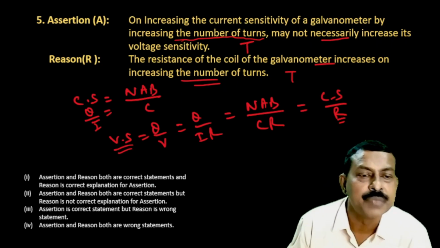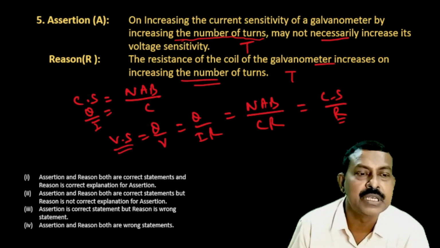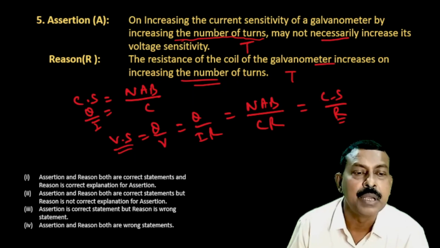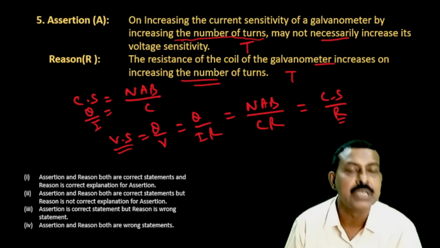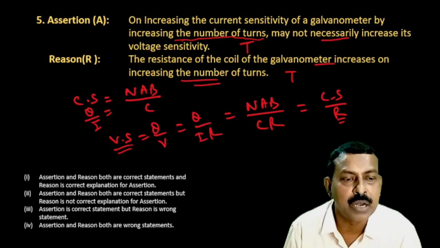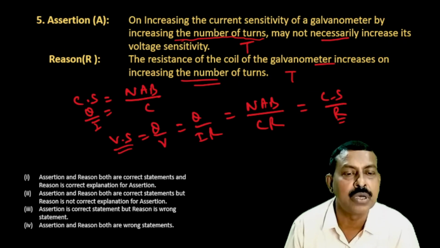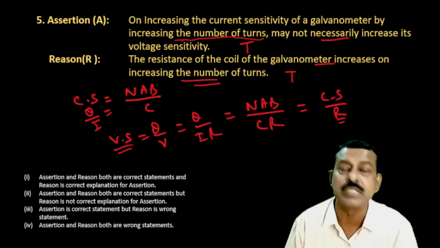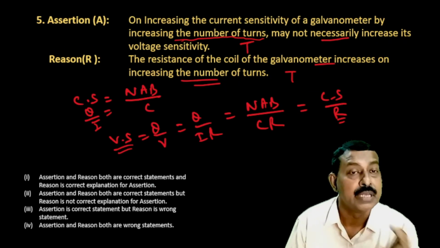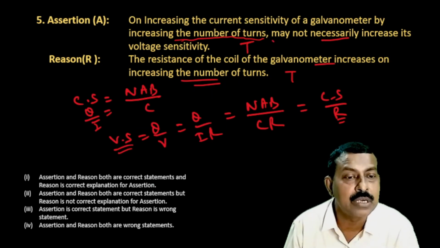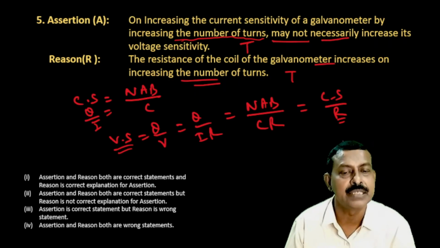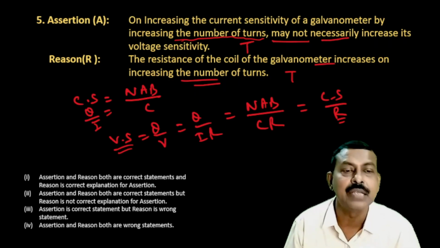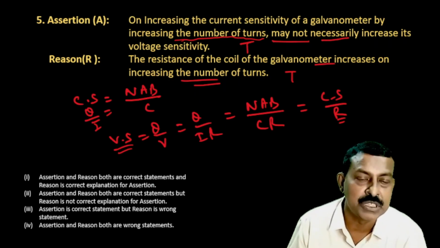On increasing the current sensitivity of galvanometer by increasing the number of turns may not necessarily increase its voltage sensitivity, because the resistance of the coil of the galvanometer increases on increasing the number of turns. So here it is the term may not necessarily increase. So obviously in that case it is explaining correctly.